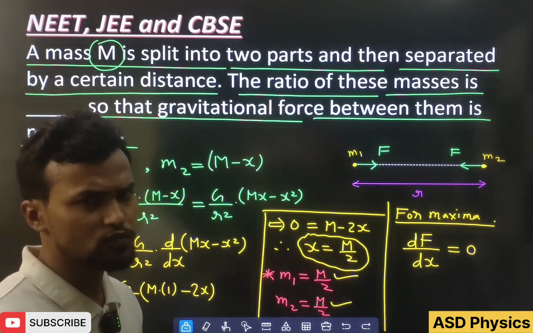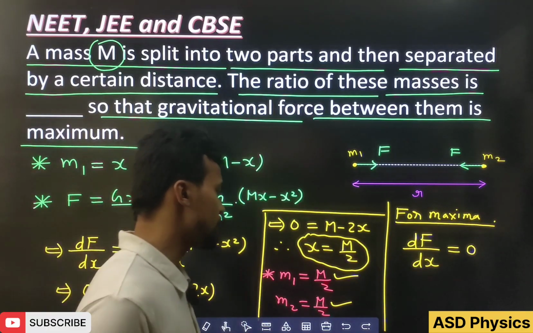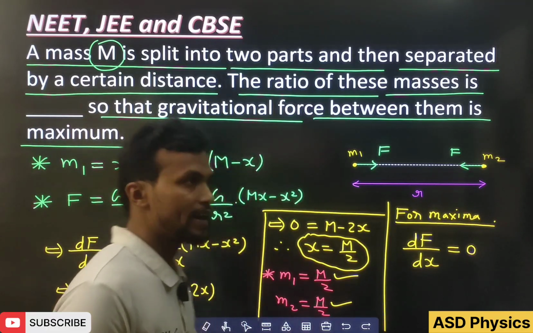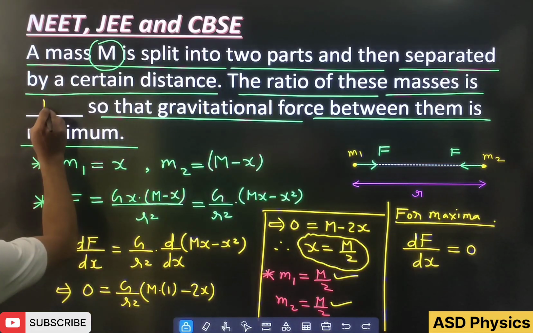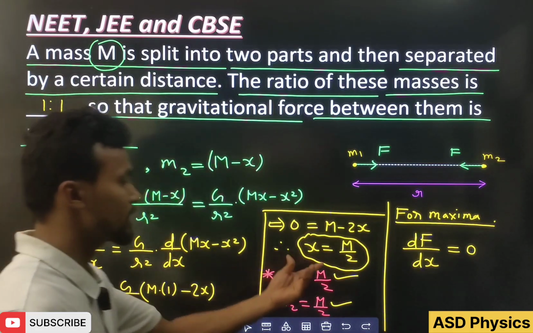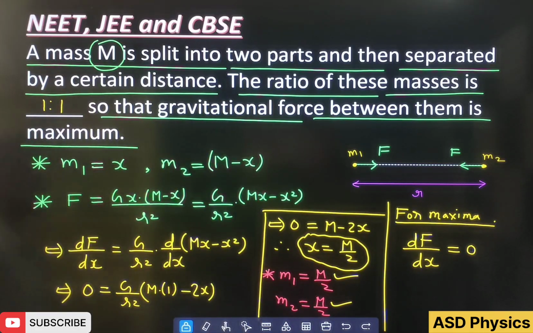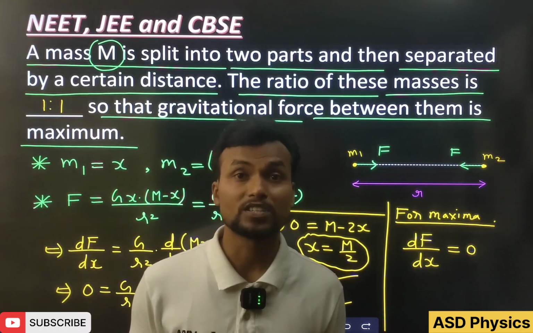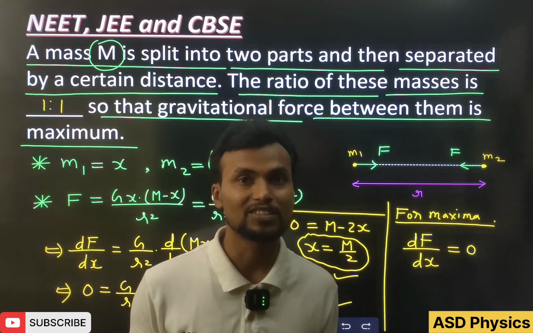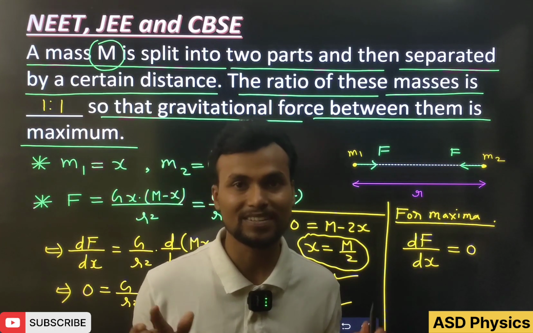If you take the ratio M1 to M2, both cancel out, so it comes to 1 is to 1. But remember that the masses should be the same here. Very important for 12th. So students, I hope this video based upon the universal law of gravitation with questions is very clear to you. Keep studying, keep growing.